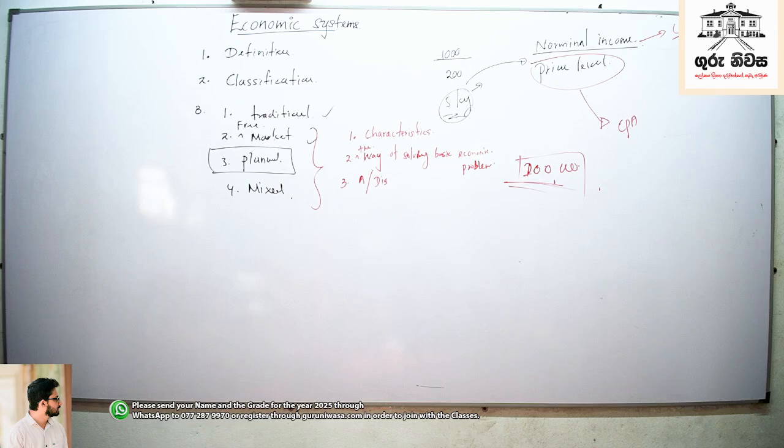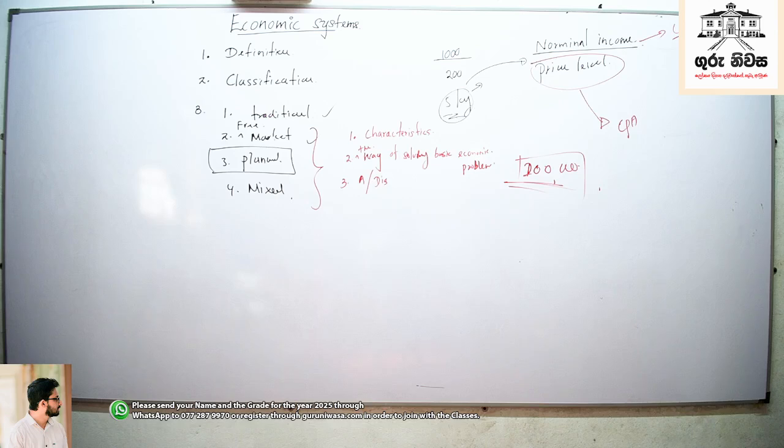So say something about this resource allocation mechanism, price mechanism and planning mechanism. Okay, good. Then I'll show you the main differences. Number one, market economic system: private property ownership; centrally planned: public.